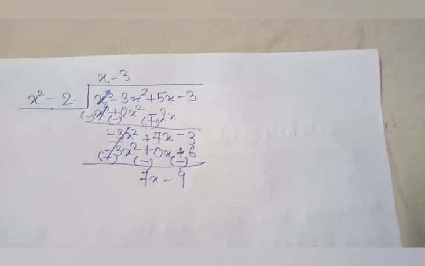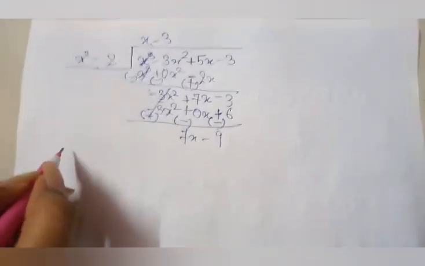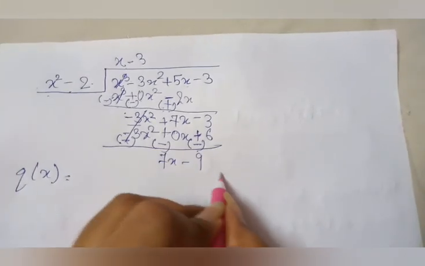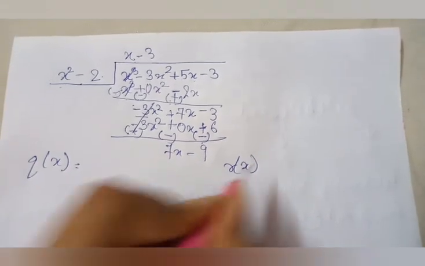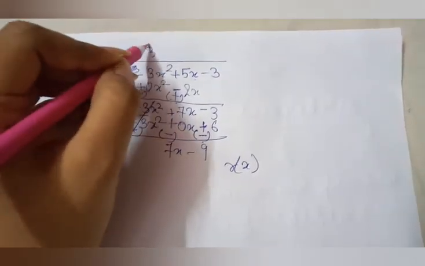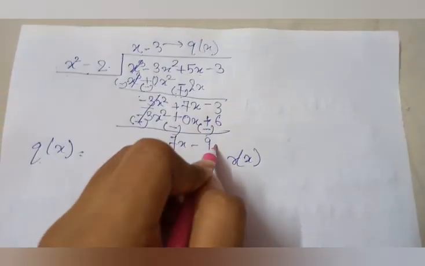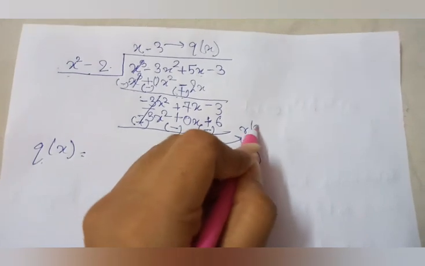So in the first question it is written you need to find the quotient which is q(x) and the remainder which is r(x). As you all know, the quotient is this q(x) and the remainder is always this r(x).